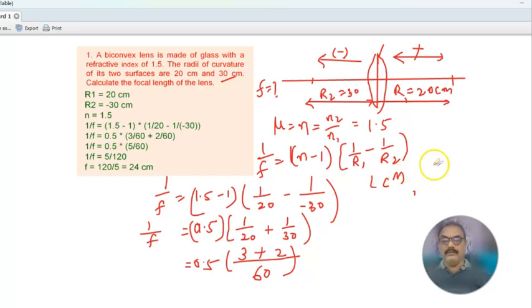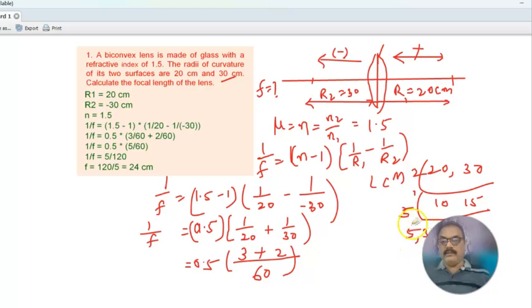Here, with 20 and 30, divide by 2 and you get 10 and 15. Again, divide by 5 and you get 2 and 3. So then you get 2 times 5 times 3, which is 30, and 30 plus 30 is 60.